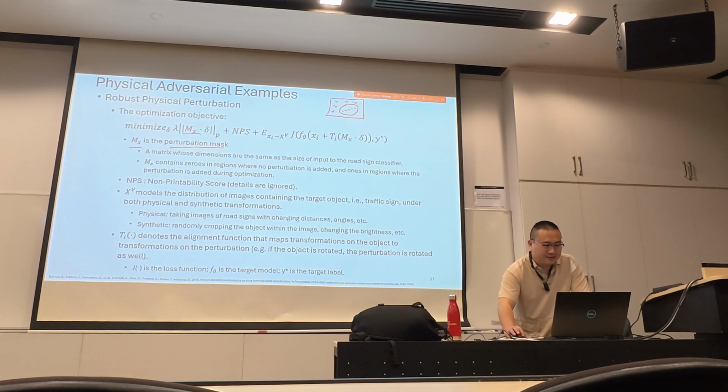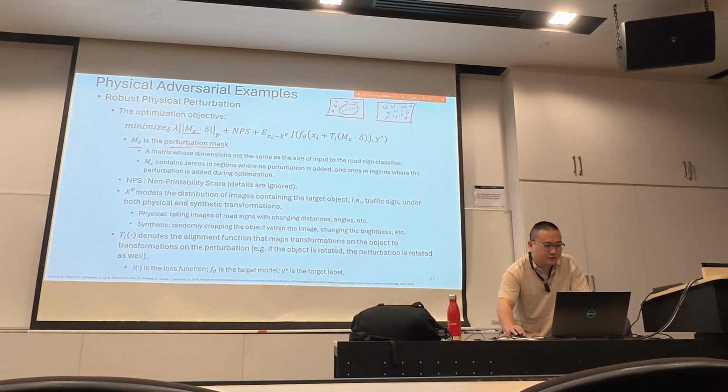So for M_x, it's just a binary mask. The size of the mask is the same as the input image. And then we have ones on the places that we can modify. For example, we have ones on the surface of the road sign, and then we have zeros on the background of the road sign.